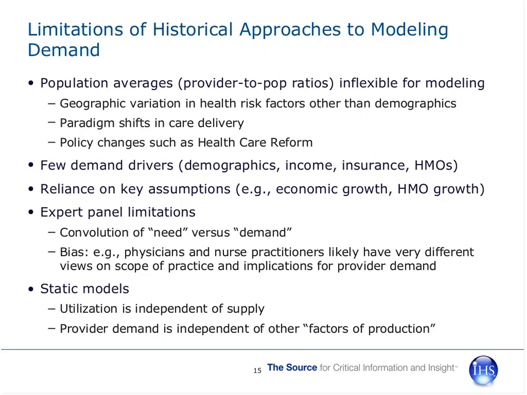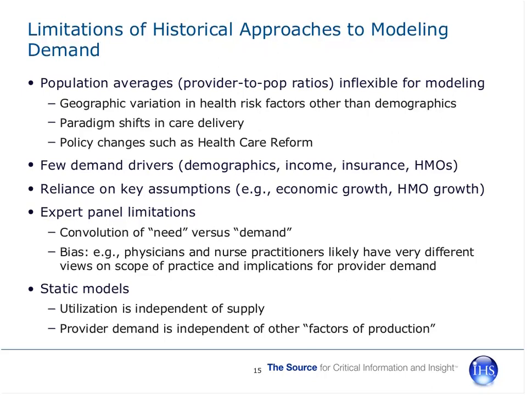Often they had few demand drivers. They might include things like demographics and insurance status, but using population-based approaches, you couldn't incorporate things like diabetes prevalence rates and other health risk factors like smoking and so on, and obesity.